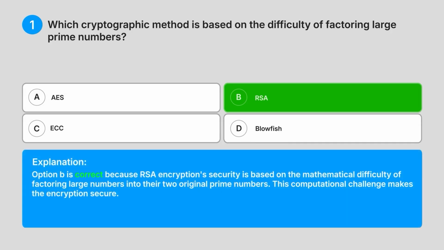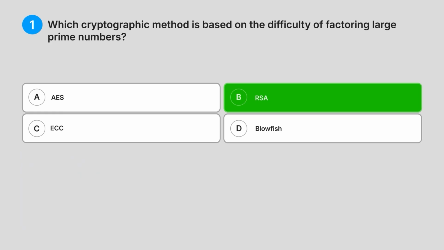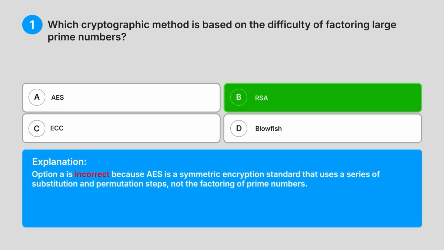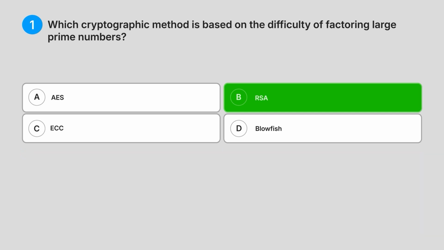Explanation: Option B is correct because RSA encryption security is based on the mathematical difficulty of factoring large numbers into their two original prime numbers. This computational challenge makes the encryption secure. Option A is incorrect because AES is a symmetric encryption standard that uses a series of substitution and permutation steps, not the factoring of prime numbers.